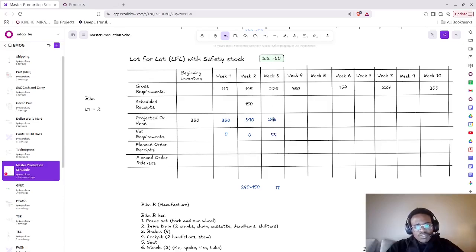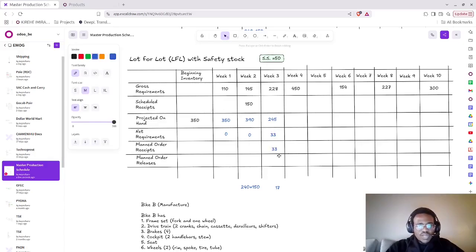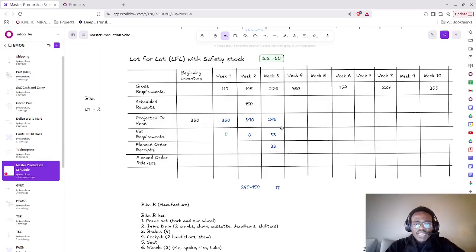That way 245 bicycles sell 228, and then you have a planned receipt of 33 in this week. Because we're using lot for lot, we order only what we need. So if I am left with 17 and I receive 33, I will have 50 on hand. The safety stock always has to be 50.